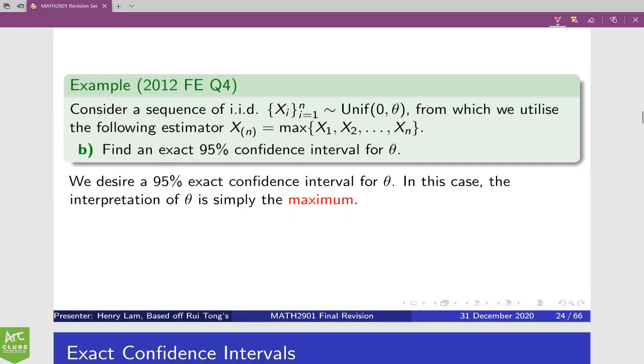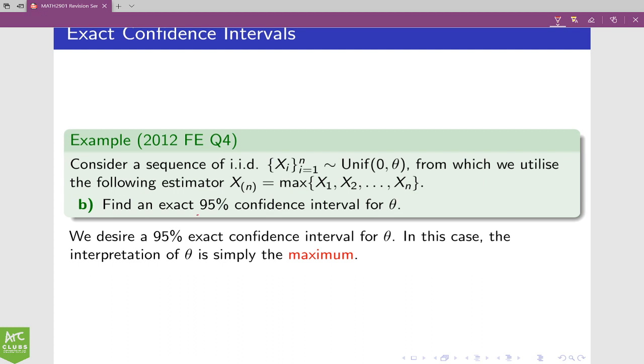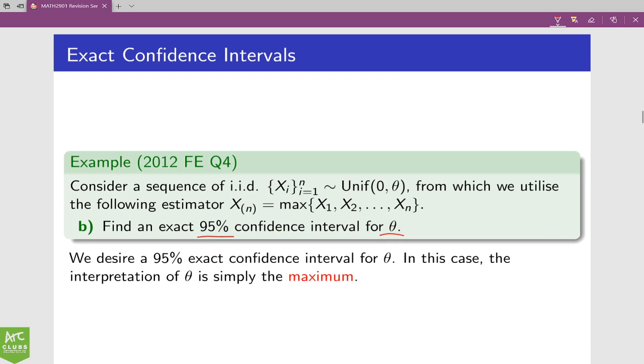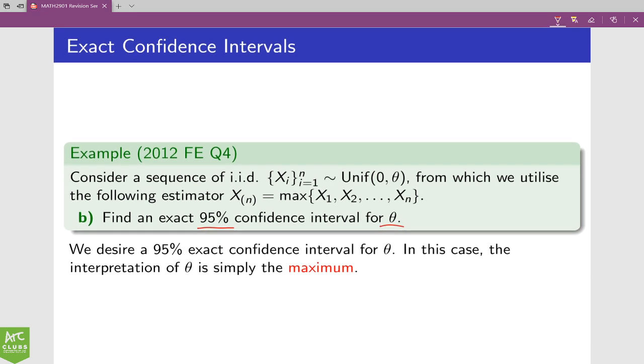Now, we want to find an exact 95% confidence interval for this theta. You can't use the normality approximations here because it's not normal in this case. So you're going to have to use the information from before to build your interval. As you can see, this is highly dependent on the distribution itself.